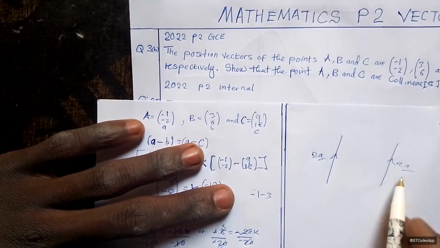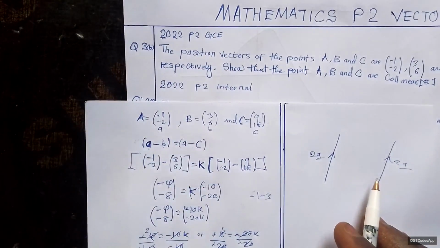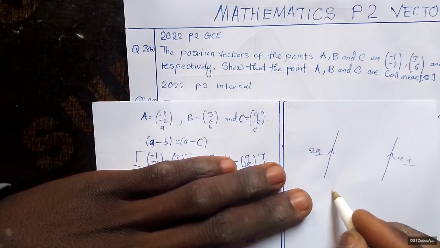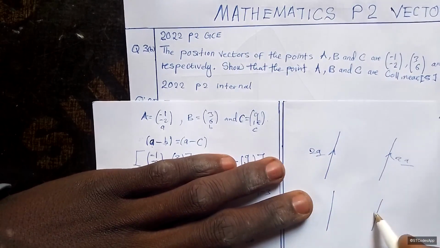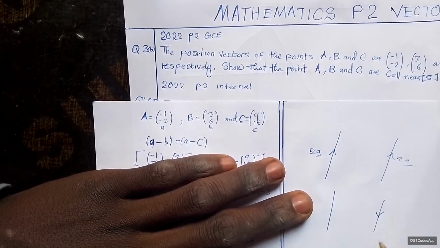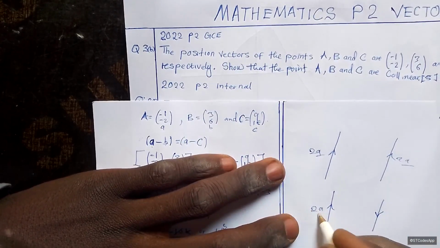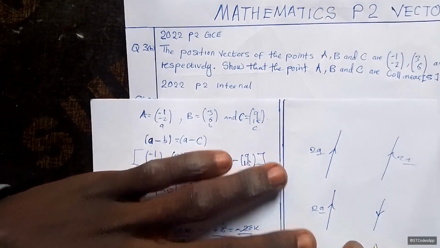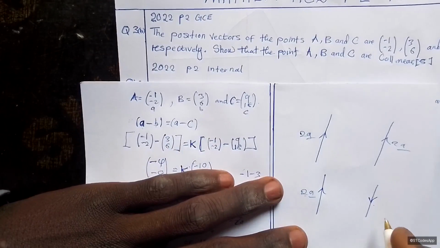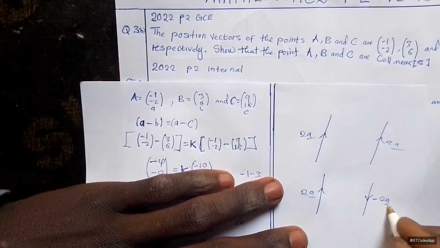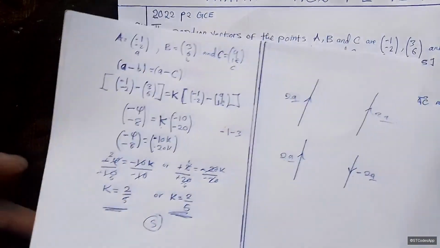But in some instances, they are going to do like this. Let's for example, if they draw the line like this, another one like this, then they say the direction is going downward, and as for this one here, the direction is going upward. Then the vector here is 2a vector, but as for this one here, it's not going to be 2a vector, it is going to be negative 2a vector. Okay, yeah.